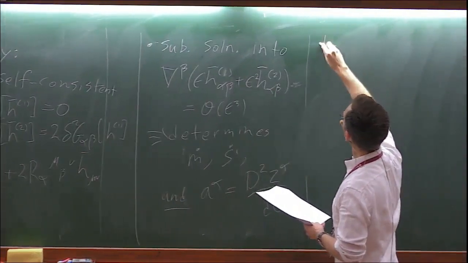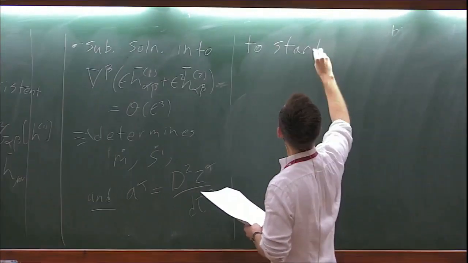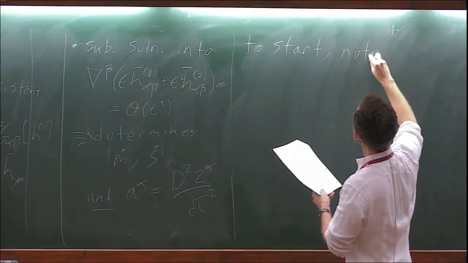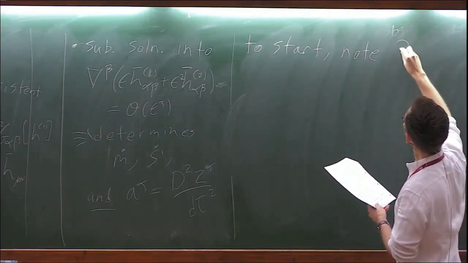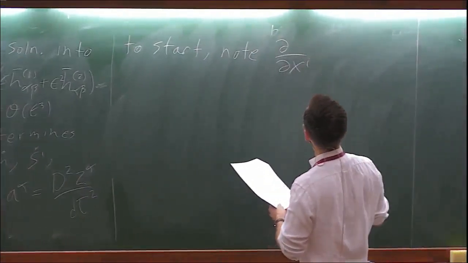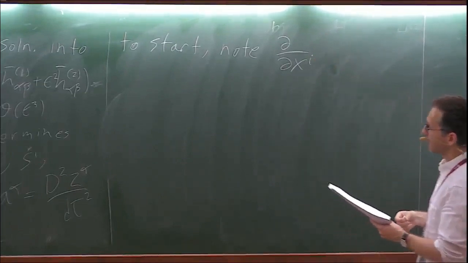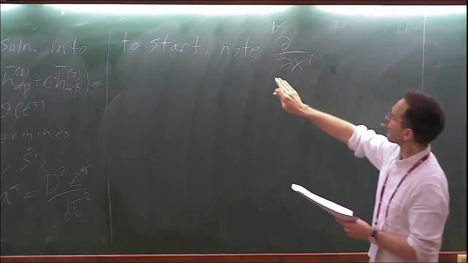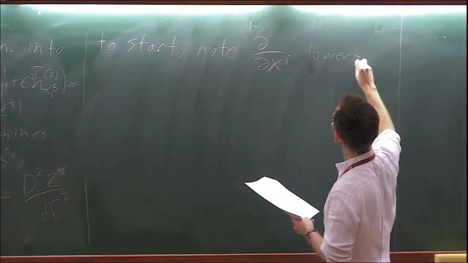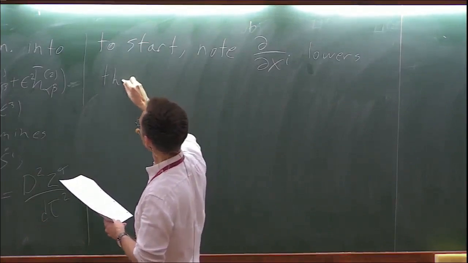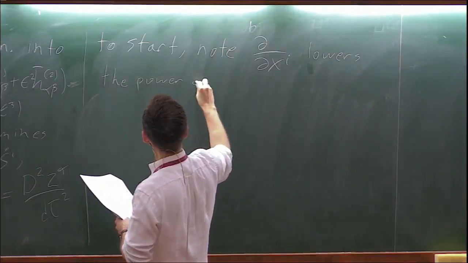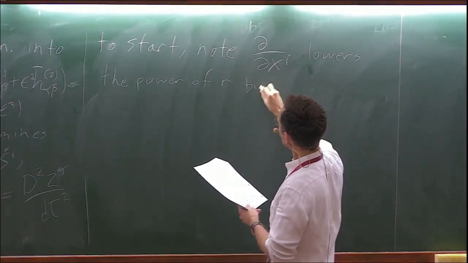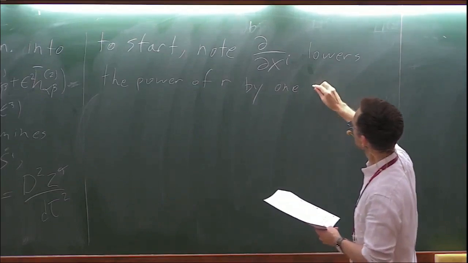Okay. To start, notice that a spatial derivative, d dx^i, so lowercase Latin letters always correspond to a spatial coordinate, lowers the power of r by 1 power when it acts on something.